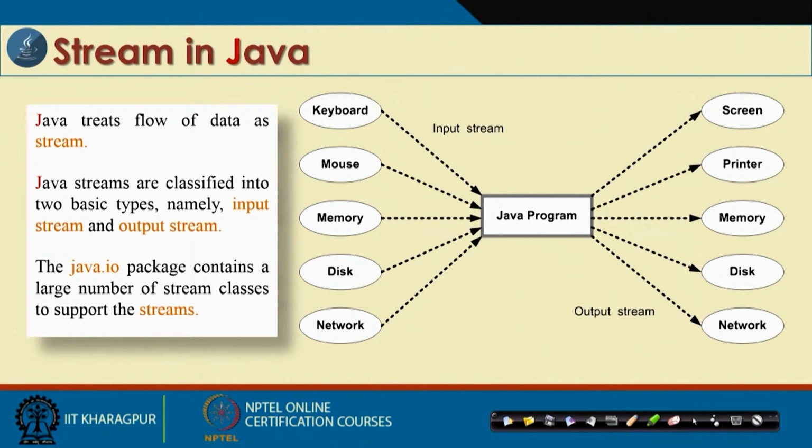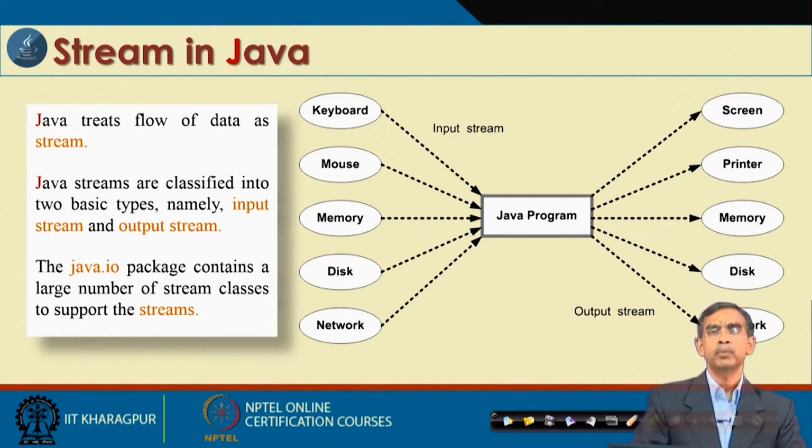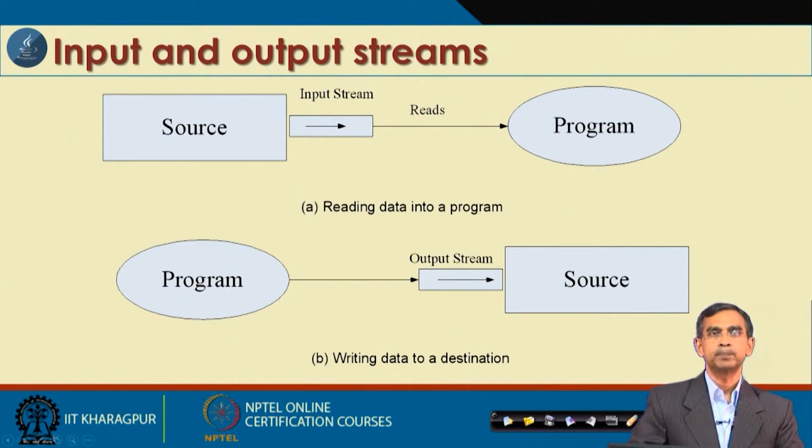For example, the keyboard, mouse, memory, disk, and network are the inputs from where data can be collected. Similarly, data can be streamed into other devices like the display unit, printer, memory, disk, and network. So, there are many devices by which the input output stream can be controlled. As I told you, Java provides the java.io package to deal with this input output mechanism.